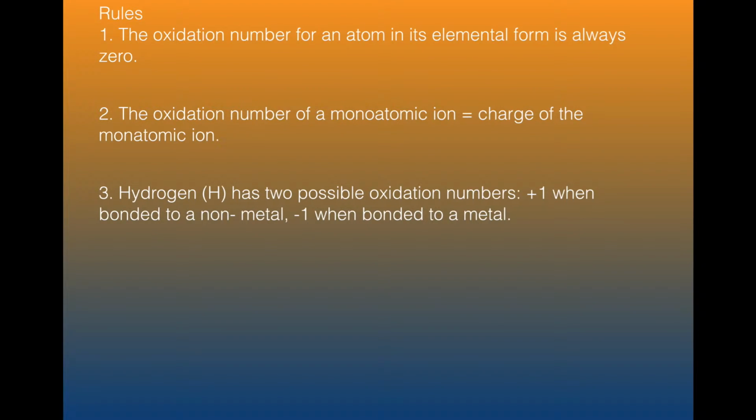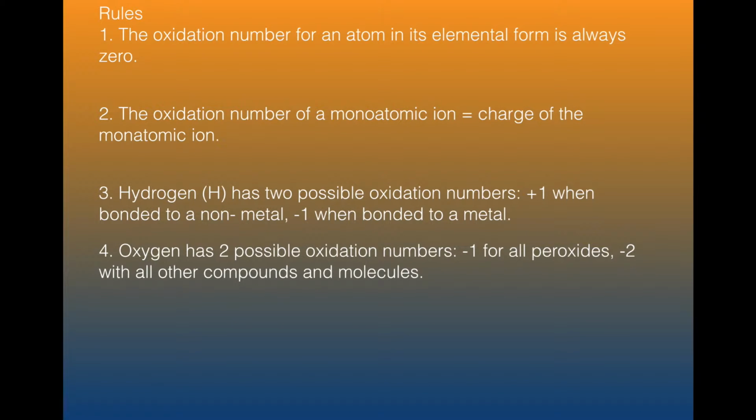Hydrogen has two possible oxidation numbers: +1 when bonded to a nonmetal, and -1 when bonded to a metal or formed as a metal hydride. 4. Oxygen has two possible oxidation numbers: -1 for all peroxides and -2 for all other compounds and molecules. It's most likely when you do oxidation numbers with oxygen, it will be -2.